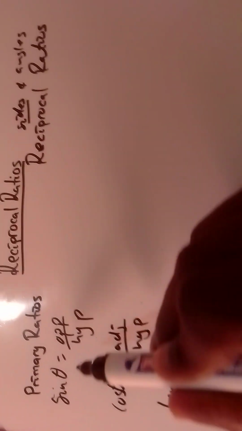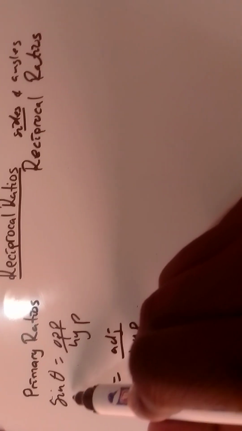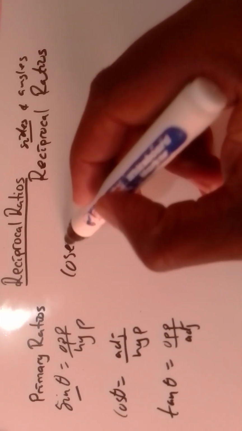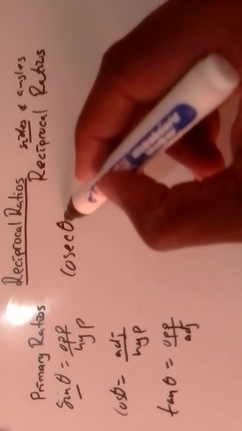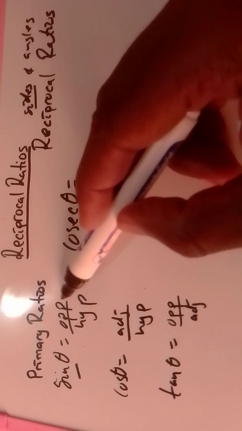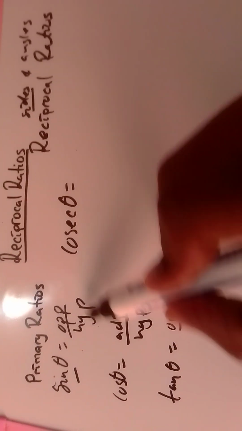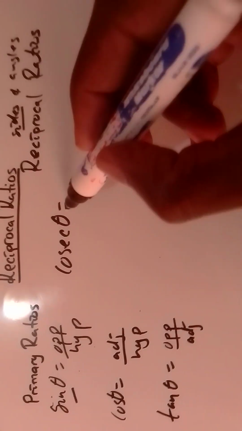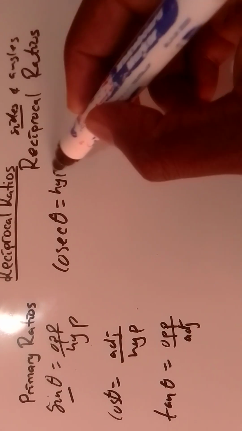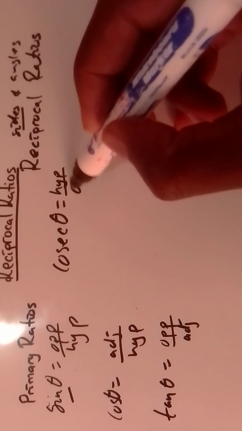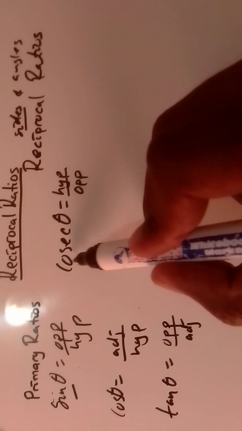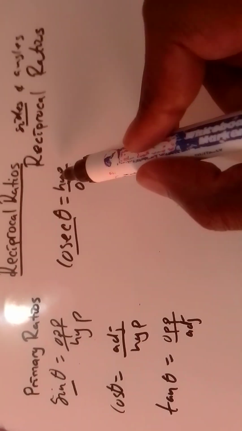The opposite of sin is called cosec theta, and the side we invert, meaning what was the denominator becomes the numerator. In other words, your hypotenuse is now your numerator and the opposite is now the denominator. This is cosec theta when it's the side.